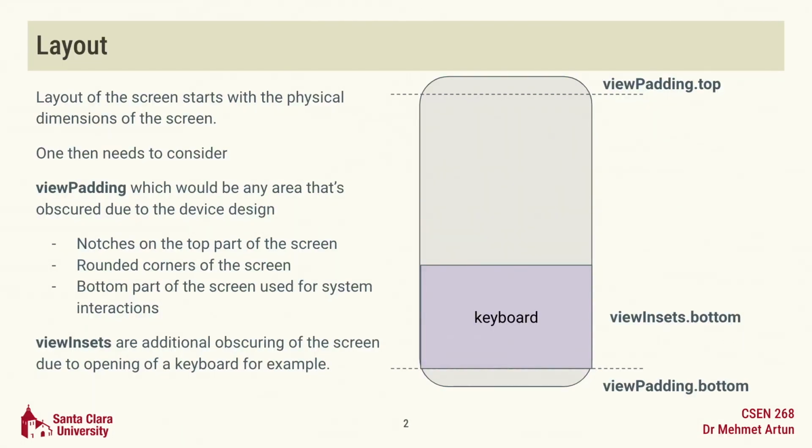So in Flutter, you have a concept called safe area. And safe area is basically this area. Anything inside that view padding is the safe area for Flutter. And there is one more thing that affects our UI, which is when the keyboard is in display, right?